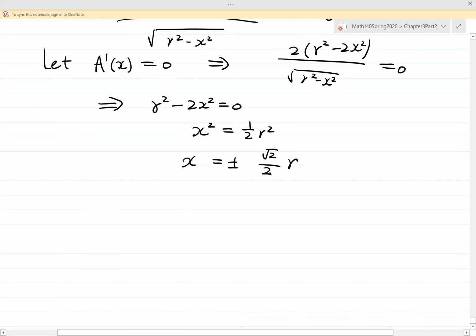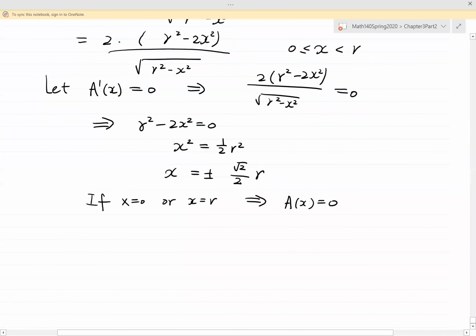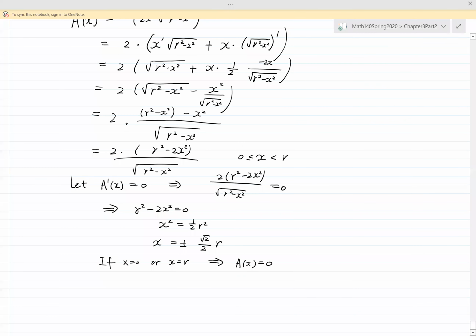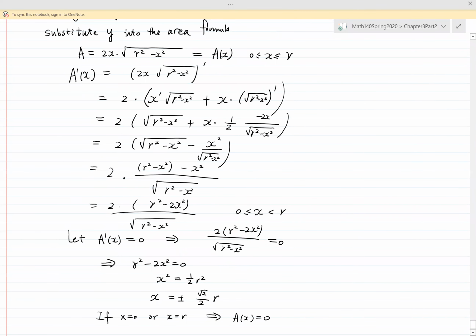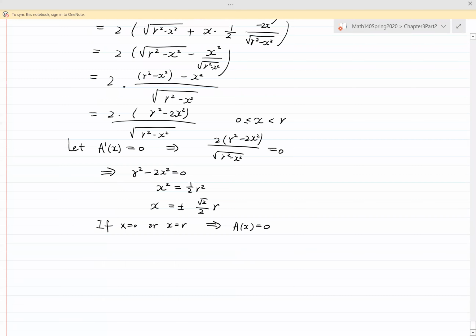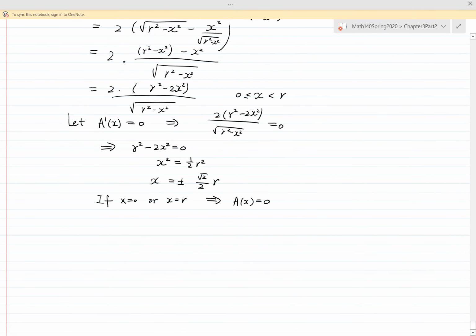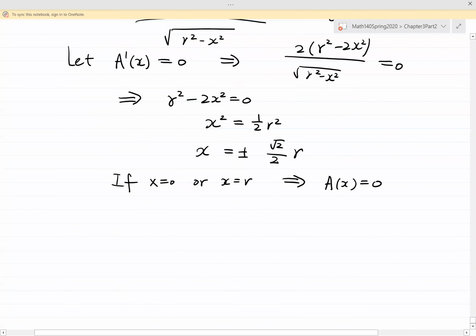Now for the boundary values, if x equals 0 or x equals r, it's easy to check. A(x) equals 0. This is a very trivial case. You plug in 0 and r and find the area is just 0. In this case we don't get a rectangle, we get a line.